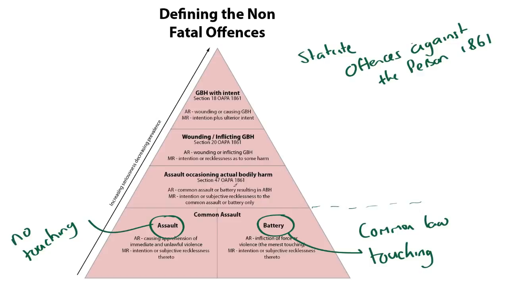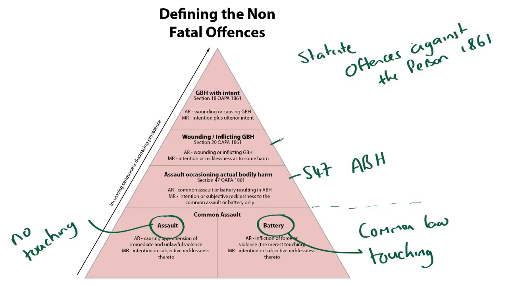The least serious of our statutory offences are those under section 47 of the OAPA 1861. And although the name of that offence is assault occasioning actual bodily harm, we generally refer to it as ABH, and we'll probably refer to it as ABH throughout most of the videos. Again, it's the least serious of the OAPA offences, but the most often committed of those.